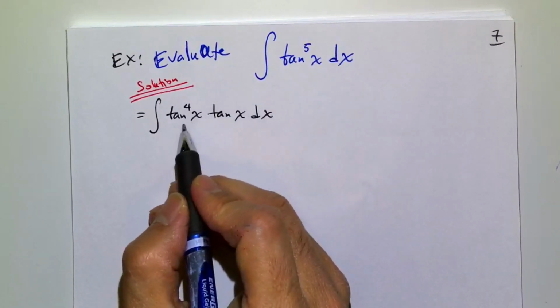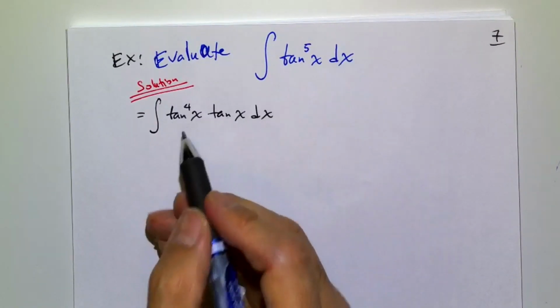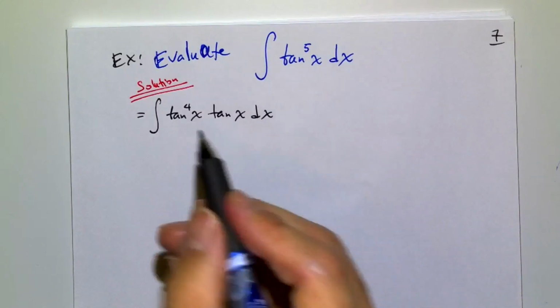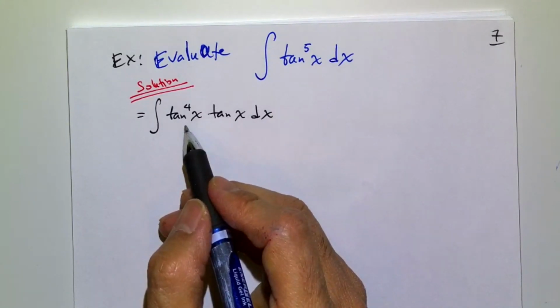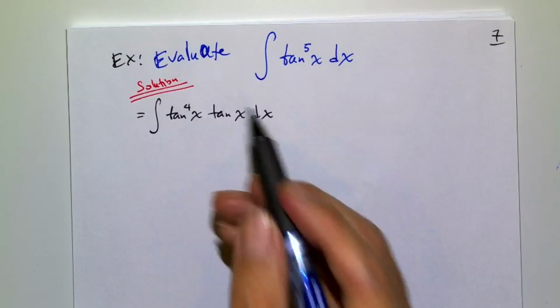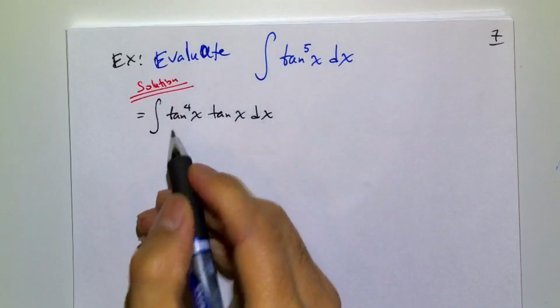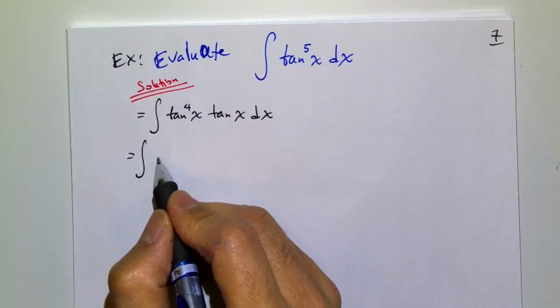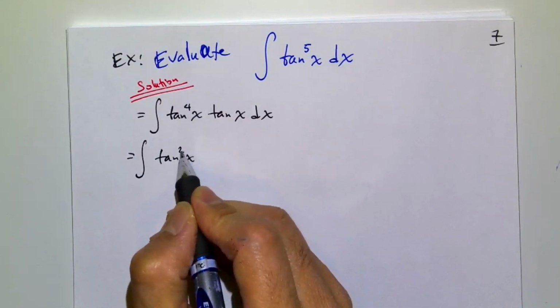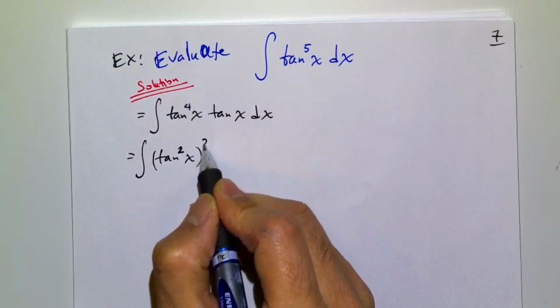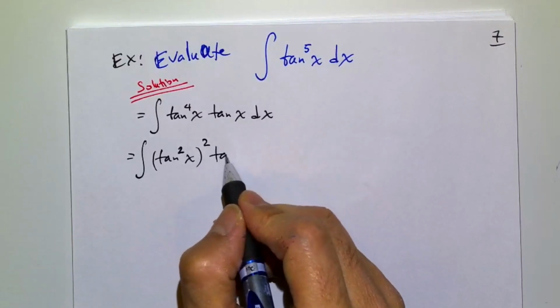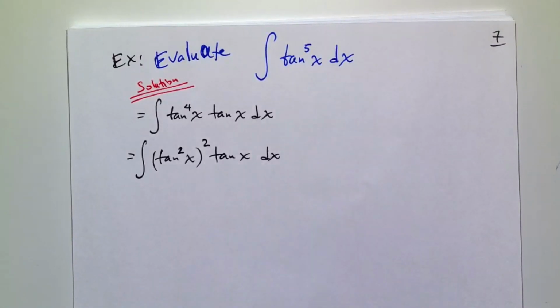The purpose of breaking this up into even powers is to make them available to the squared identities we have. Squared identities apply to tangent squared, secant squared, sine squared, cosine squared. So we need to rewrite this in terms of tangent squared x, squared, times tangent x dx.